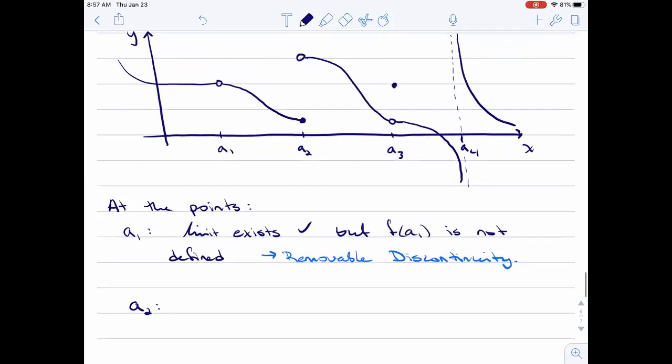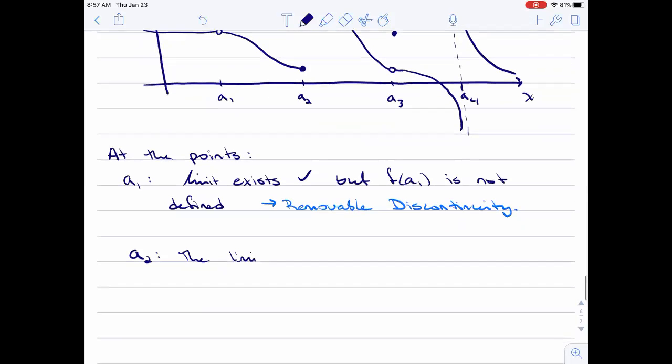At A2, right, well, the limit does not exist, right? Because the left-hand limit does not equal the right-hand limit at A2. And so, well, that's out. The limit does not exist.